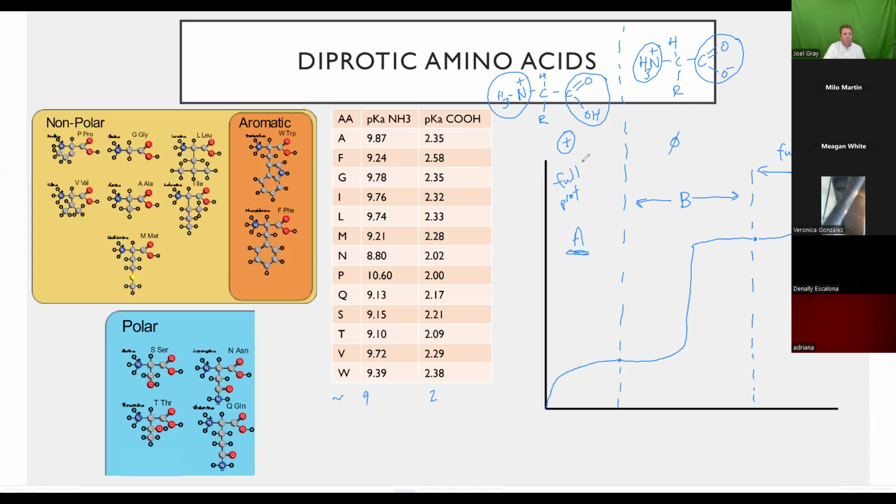That's the predominant form within range B. Now, range C is where the predominant form is fully deprotonated, and that's going to look like this: H2N, C, O minus, and there's my R group.